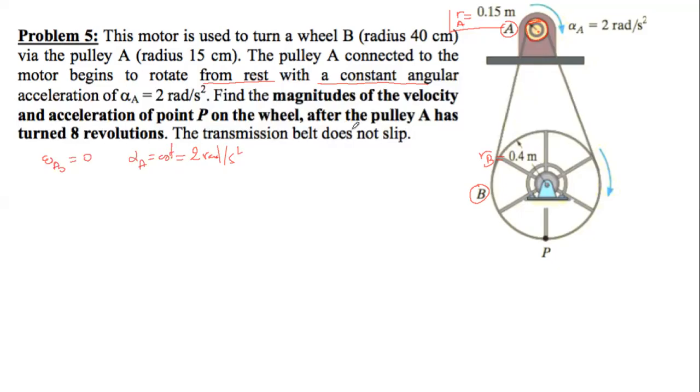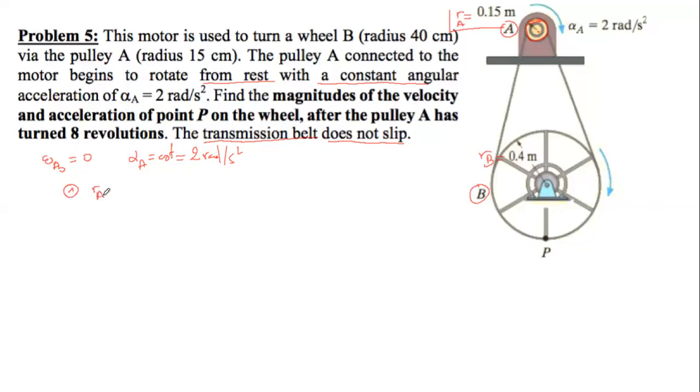Before reading the question, let me exploit the data of the problem. Here we have a pulley, and a conveyor belt connecting A and B. Of course, this transmission belt does not slip. What are the different relationships I know if I have 2 pulleys connected by a transmission belt? 3 equations, write them down.